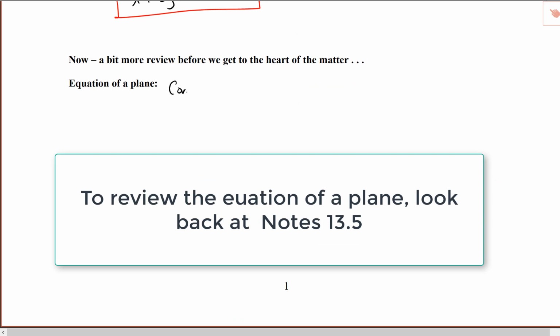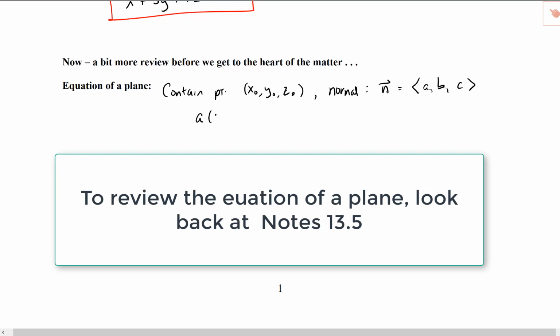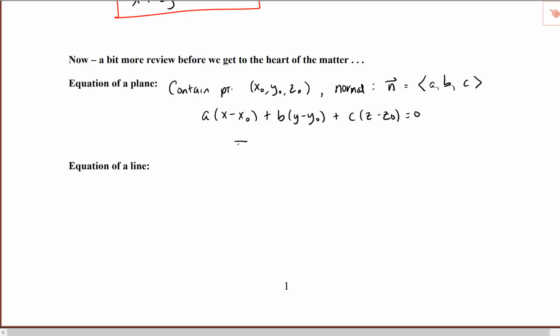If we know the plane contains the point (x naught, y naught, z naught), and we know that the normal to the plane is the vector <a, b, c>, then the equation of the plane can be written a times (x minus x naught) plus b times (y minus y naught) plus c times (z minus z naught) equals 0, or more generally, can be written ax plus by plus cz equals d.